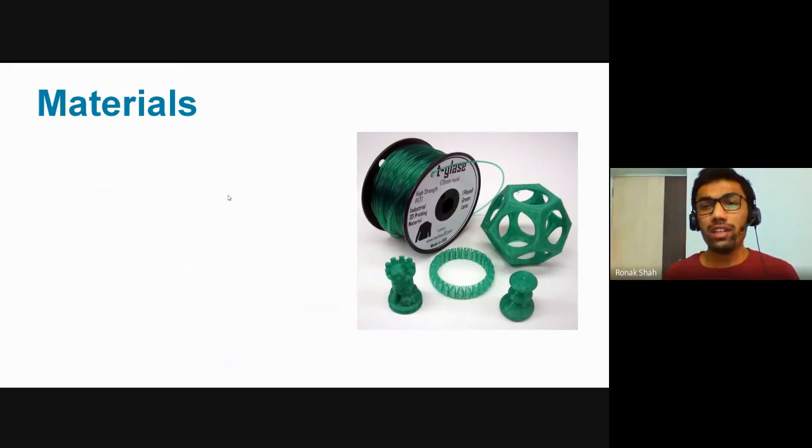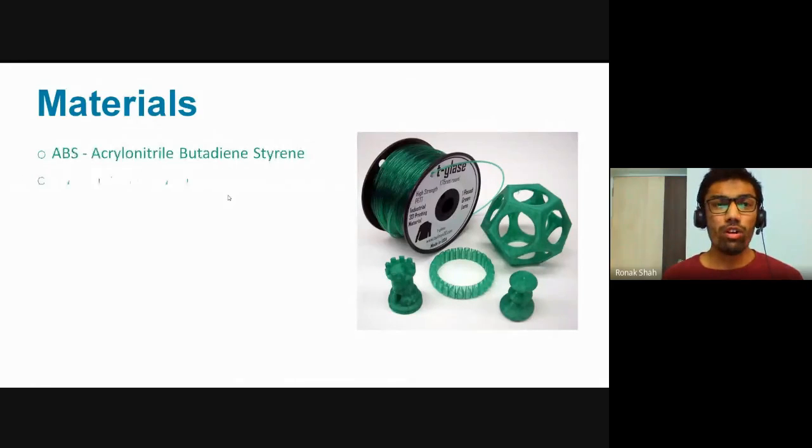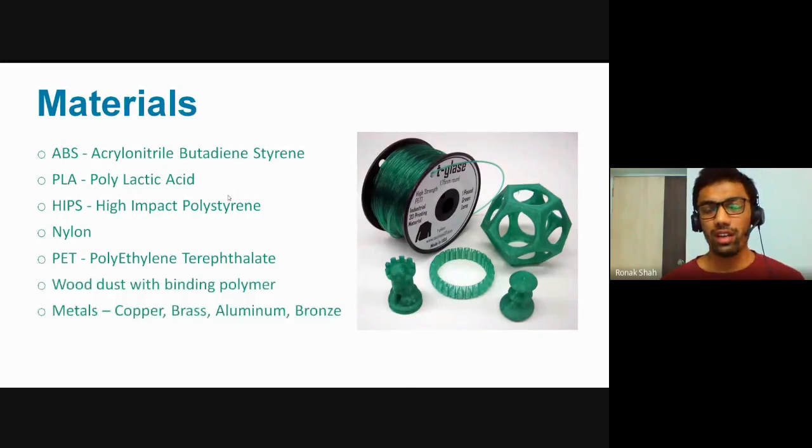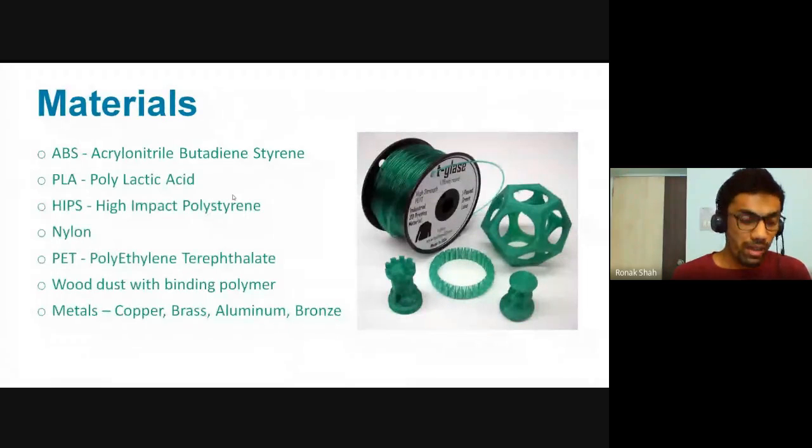Now, what are the different materials that are supported across different 3D printing processes? The commonly used materials, or the most favorite materials, are ABS, PLA, HIPS, nylon, PET, wood, and metals. ABS is a very light material, and it provides a little bit of flexibility.